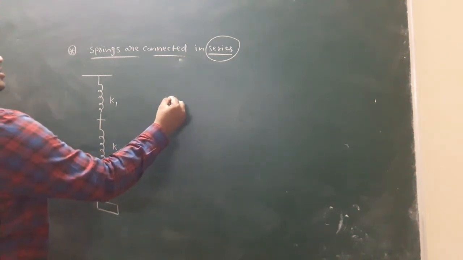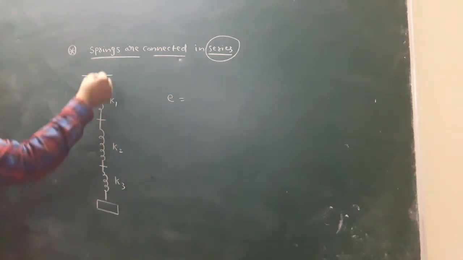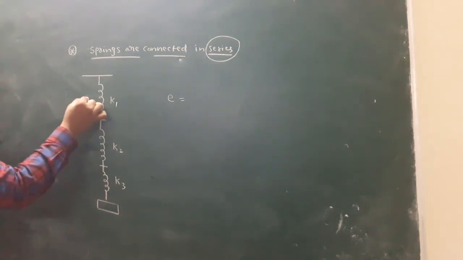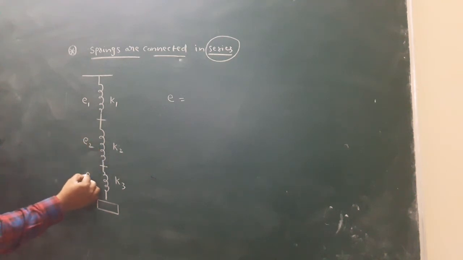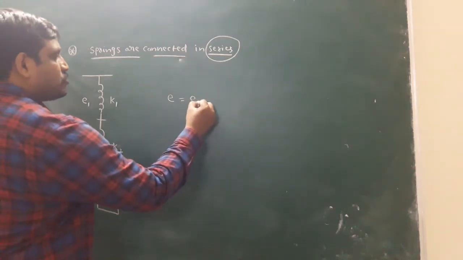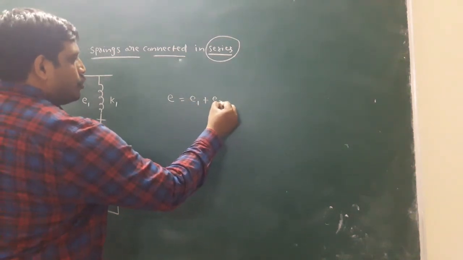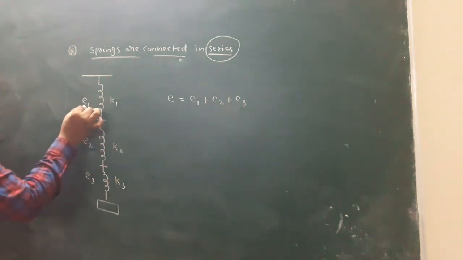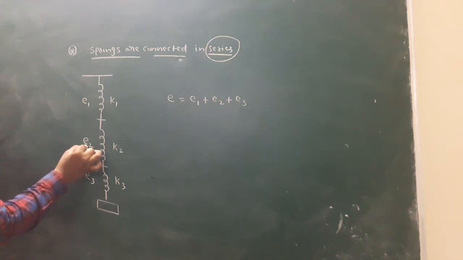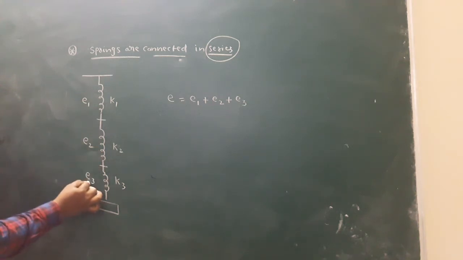In this situation, the total expansion of the combination is the expansion of the first spring, plus the second spring, plus the third spring. Why is the spring elongated? Because of load. Total expansion is E1, E2, E3. E1 indicates expansion of the first spring, E2 the second, E3 the third.